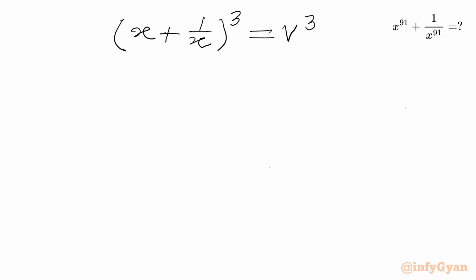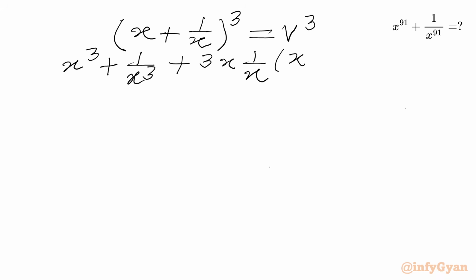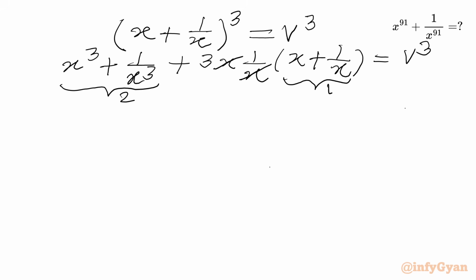Let's apply the a plus b whole cube formula. We will get x cube plus 1 over x cube plus 3 times x times 1 over x times x plus 1 over x equal to v cube. We will cancel x from the numerator and denominator and here we can write 2. This is v.